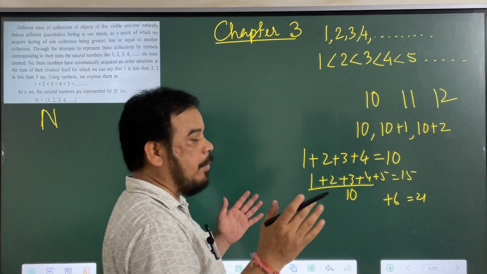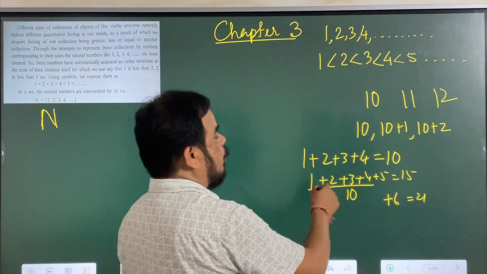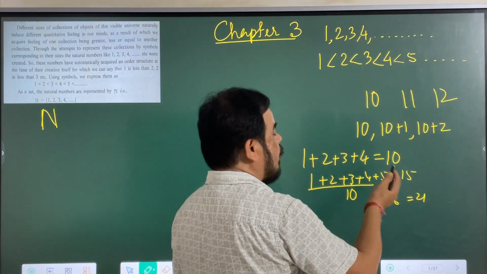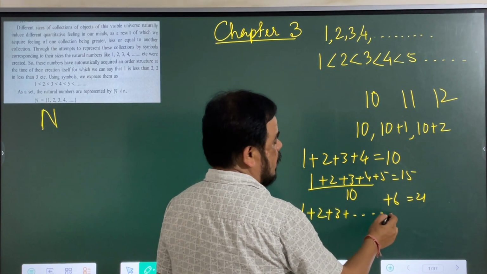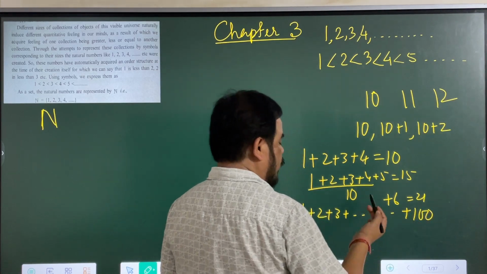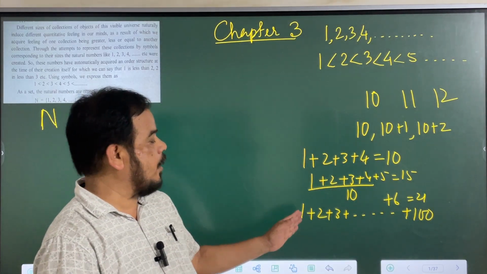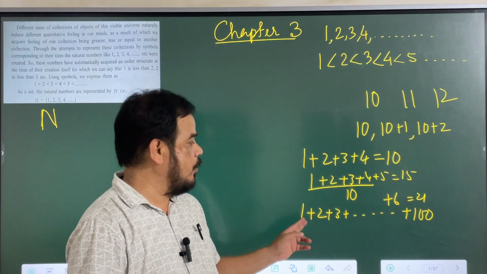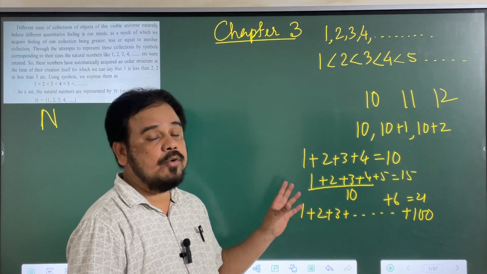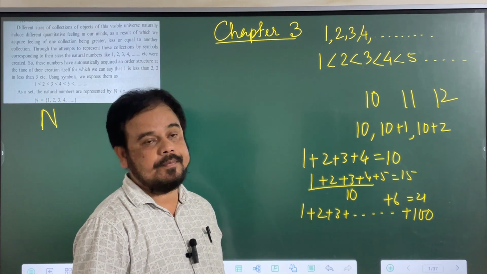If it is a huge number, suppose we go on writing up to 100, so 1 plus 2 plus 3 till 100, and we are supposed to add all the natural numbers from 1 to 100. It is possible, but it will take so much time to add one by one.